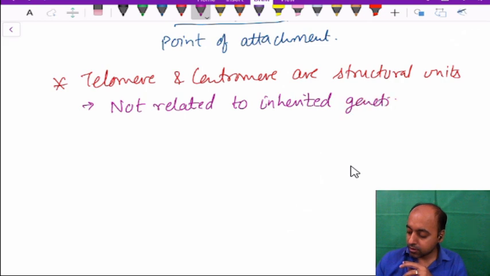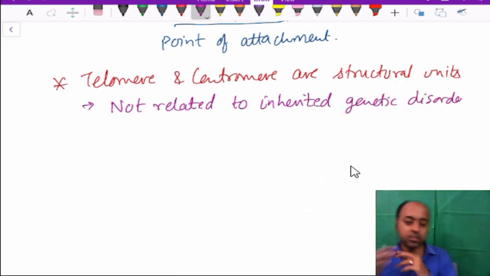That means if there is some mutation in this area, it is not going to cause some type of genetic disorder. These areas do not contain genes. Remember, they are the constitutive heterochromatin. There is no gene here, there is no transcription going on. In addition, they do not provide any type of regulation also.